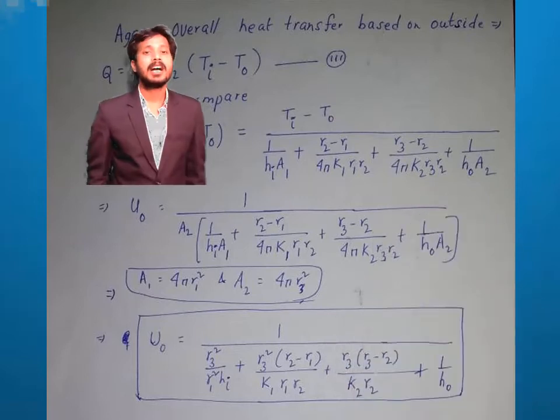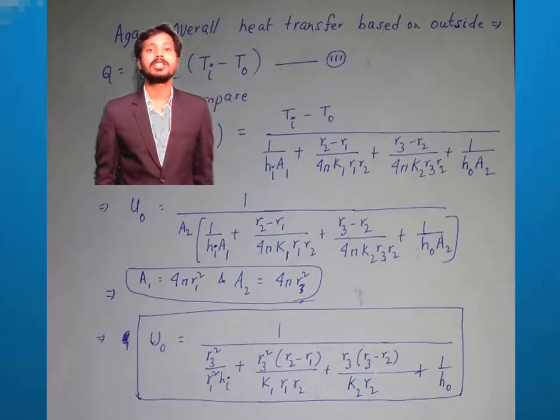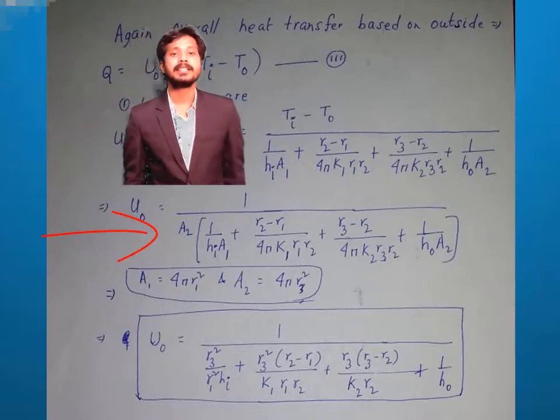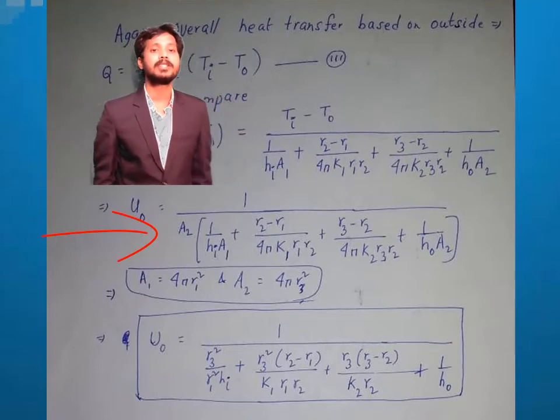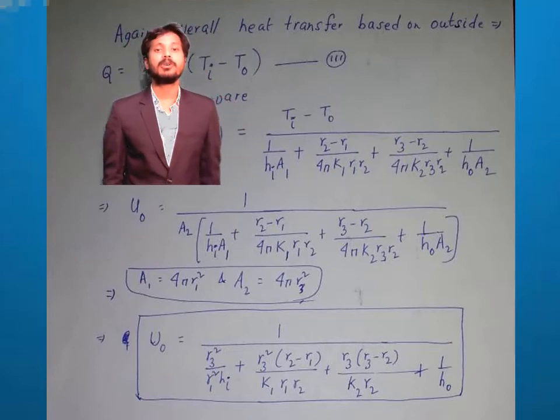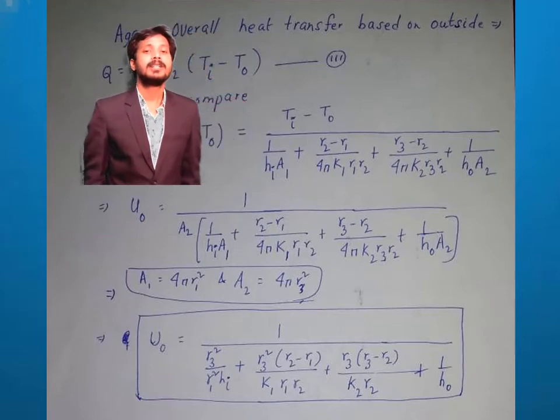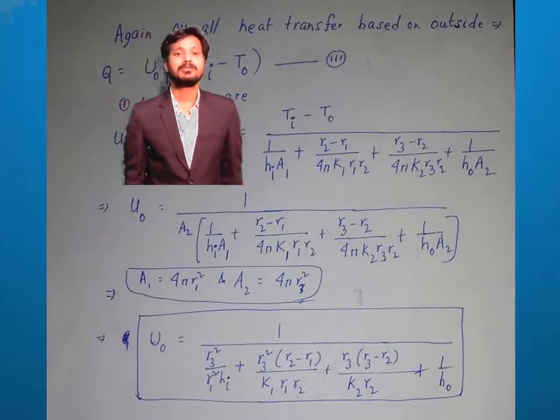Now I can cancel the Ti minus T naught terms from the left and right hand sides, and the A2 term on the left hand side I can take to the right hand side, so it becomes 1 by A2. I know the value of A1 is 4 pi R1 square, and the value of A2, the outer area of the sphere, is 4 pi r3 square.